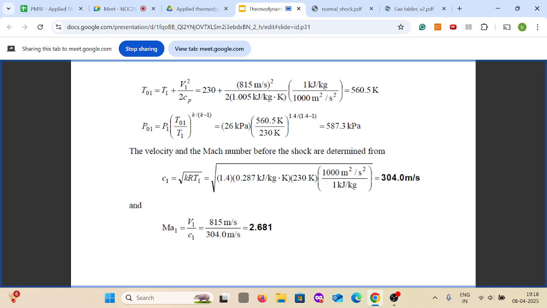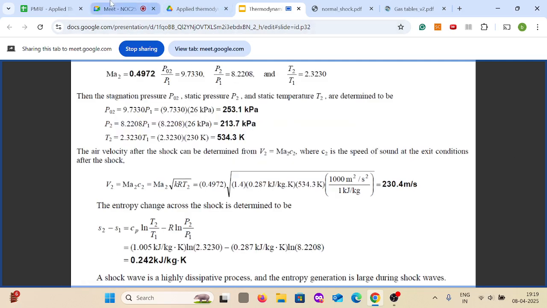The velocity and the Mach number before the shock are determined from the ideal gas equation. Assuming ideal gas, the speed of sound is root of gamma R T. Gamma is 1.4, R is 0.287 for air, and T is known, 230, into 1000 to convert it into joules, so we get 304 meters per second. Then the Mach number upstream will be V1 by C1, which is 815 divided by 304, so we get Mach number as 2.681.